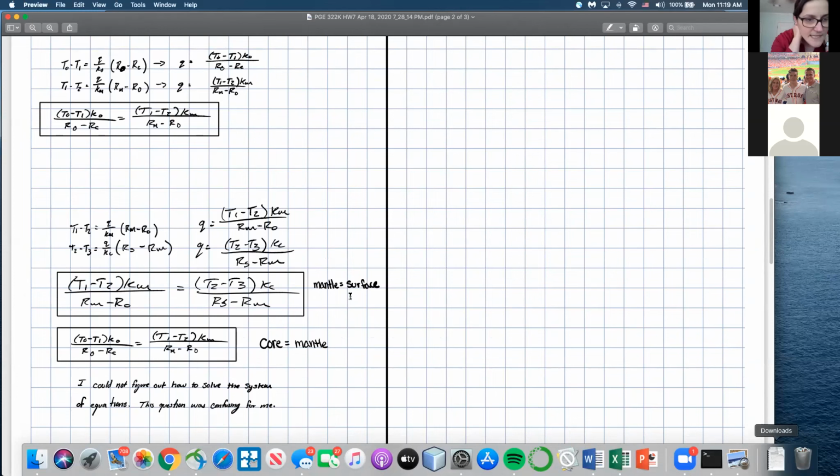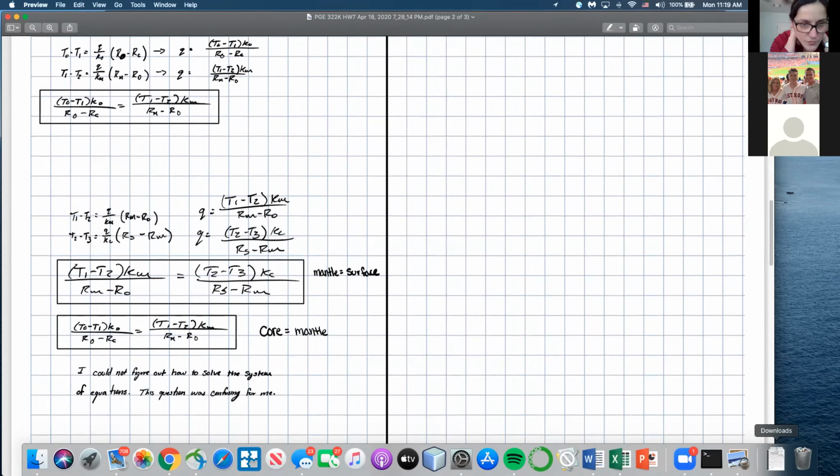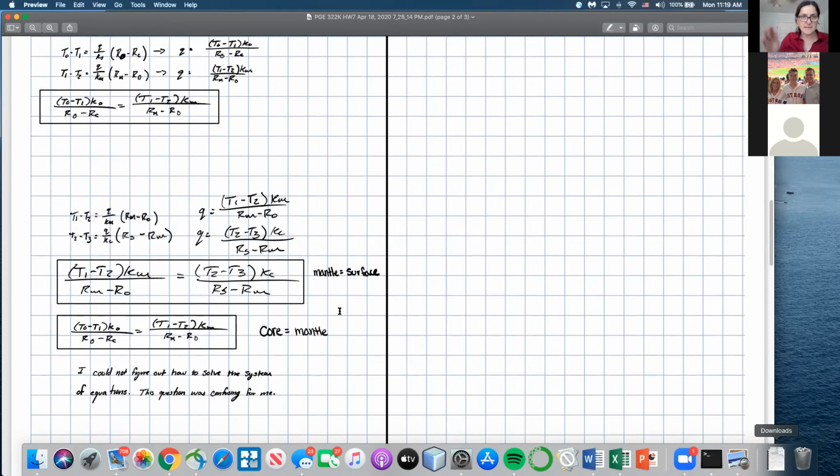So from here, basically, to get the expression that ties you to what you know and to get those constants, you want to plug things in sequence so that you get just the core minus. There are two intermediate ones, the mantle and outer core.